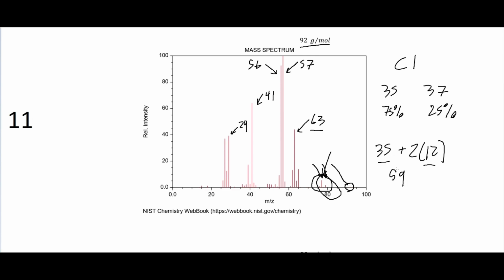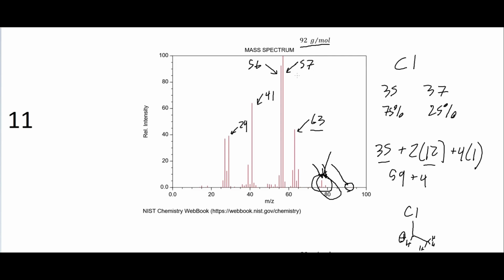And so to get to our 63 peak, we just need to add 4, so probably 4 hydrogens on there. So that would be a fragment that looks like this. So Cl down to a carbon to another carbon. We have a plus there, so this one has 3 hydrogens on it. This one has a single hydrogen on it, so that's probably the fragment that we are seeing there.